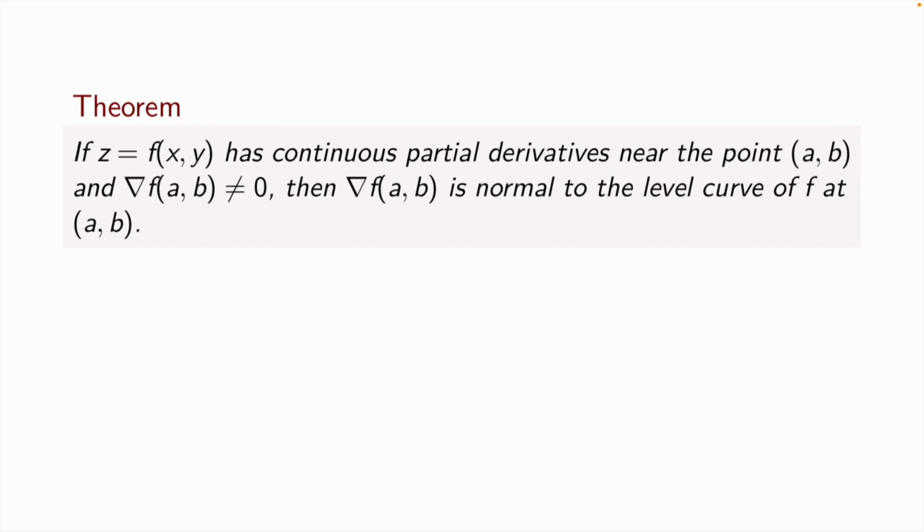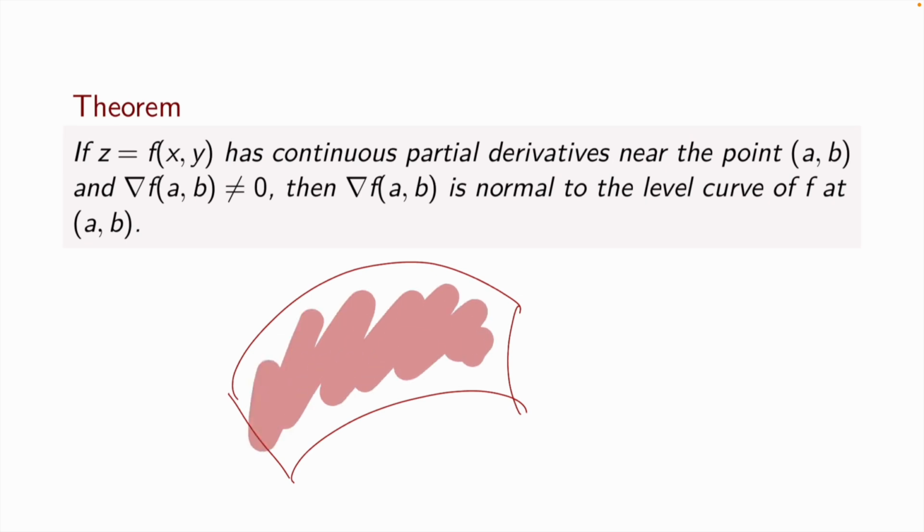We also have that this very important vector, the gradient of the function, if it's not 0, is always going to be perpendicular to the level curve. So let's suppose that this is the surface here, and at a certain point we have a level curve. That is the level curve.